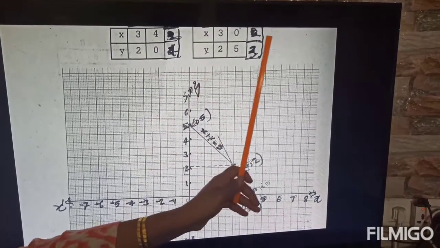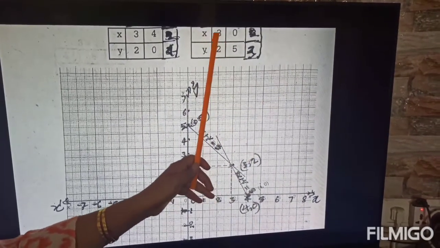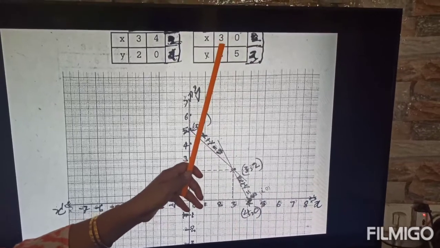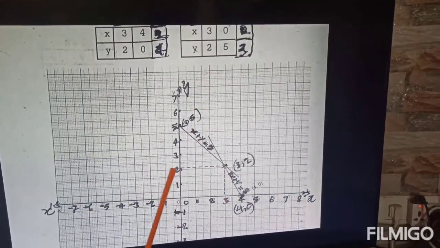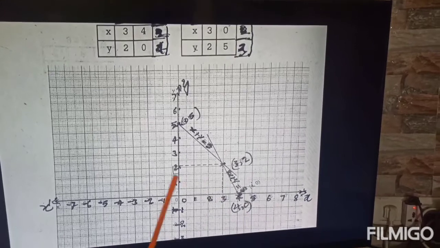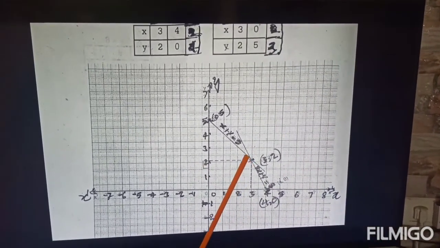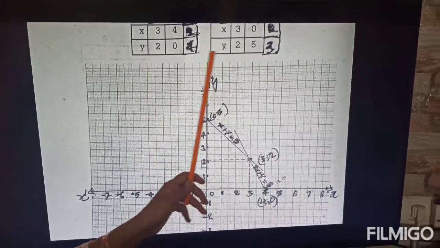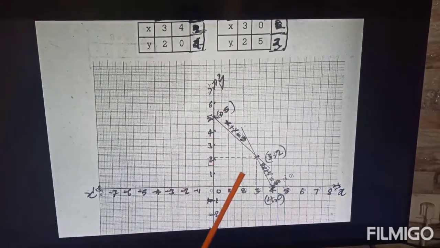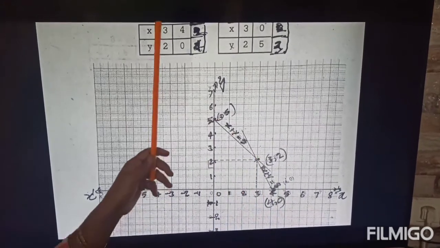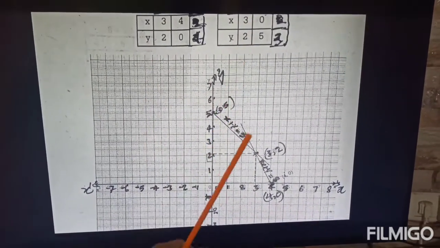Then come to the second equation. These are the 3 points. First point is 3, 2: 3 on x-axis, 2 on y-axis. Both are intersecting on this point. This point is common for both the graphs. Already we marked this, 3, 2.